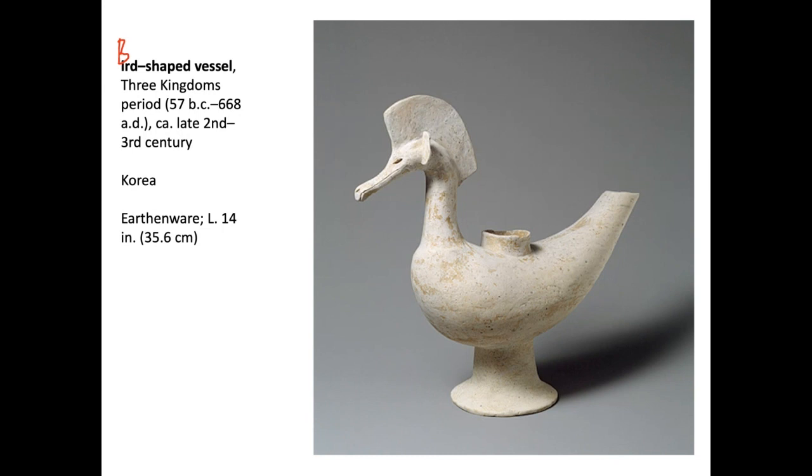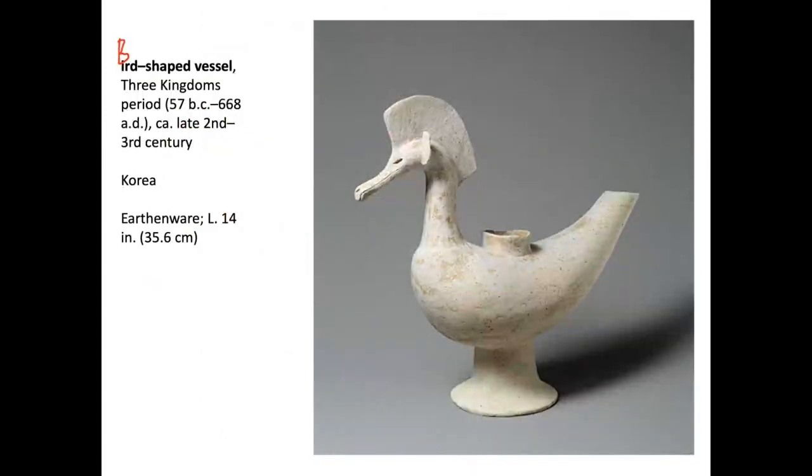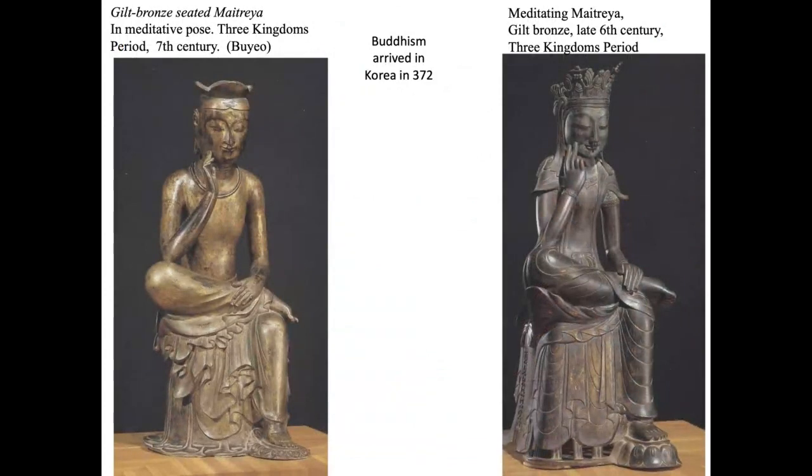This one is not as hard as this stoneware with ash glaze. So I want you to bear in mind. The Silla had advanced ceramic making. And then this is really important.